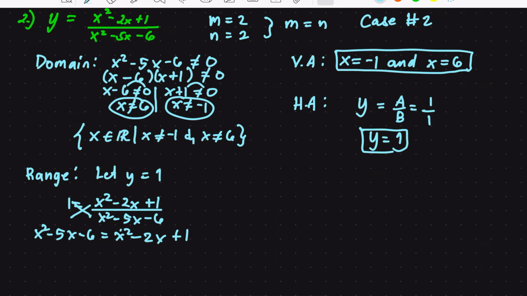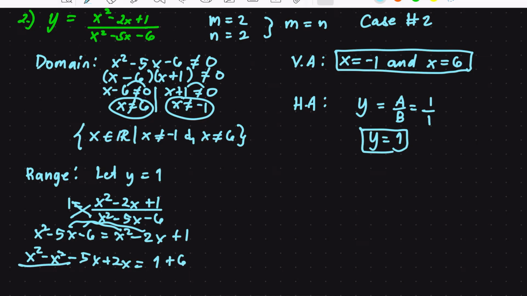Then solve for x. So ito mapupunta doon, magiging x squared minus x squared. Si negative 2x magiging positive 2x. So ito, lipat doon. Tapos, matitira sa kanan ay 1, ilipat na rin natin si 6, magiging positive 6.